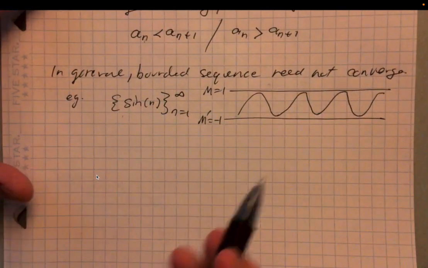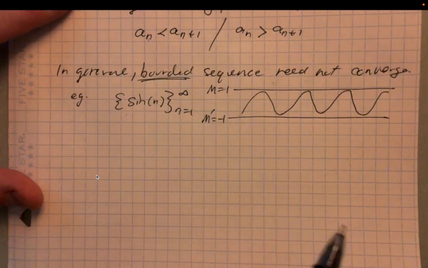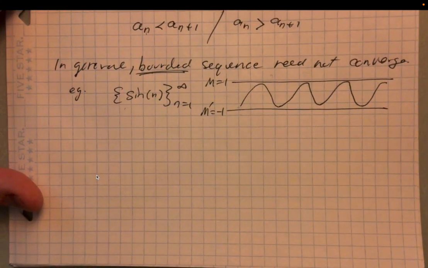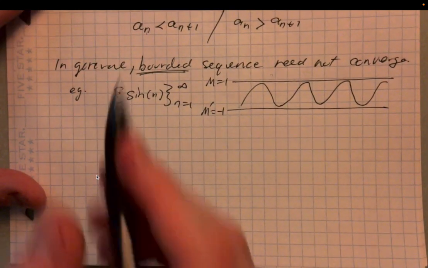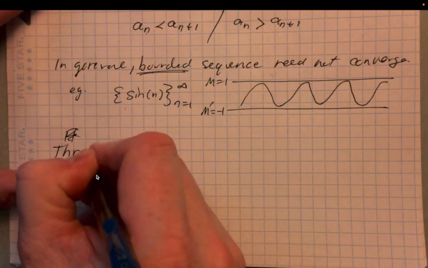So when we combine the idea of a bounded sequence with a monotone sequence, then we get, out of necessity, convergence. Actually, let's just state the theorem.